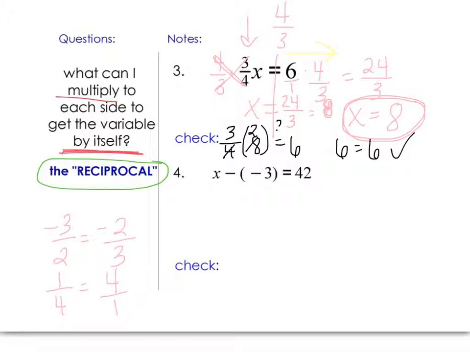Last one I'm going to do with you. I have x minus a negative 3 equals 42. What does minus minus become? Can I make those little plus signs? So x plus 3 equals 42. How can I get x alone? What's the opposite of addition?